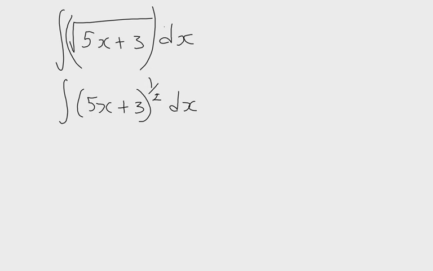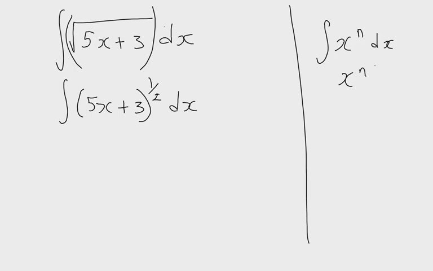So imagine you have the integral of x to the n dx, which is going to be x to the n plus 1 divided by n plus 1 plus C. So we're going to apply that first.